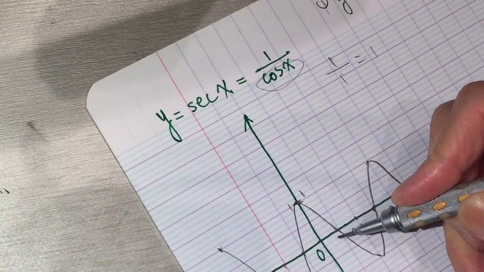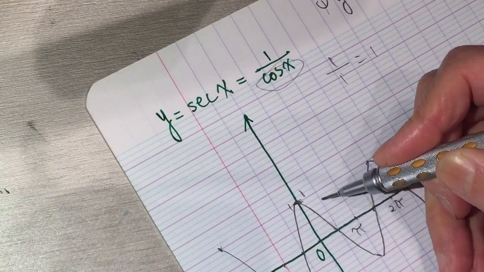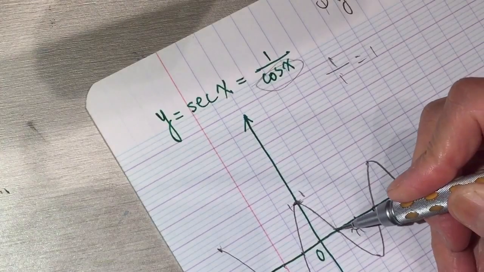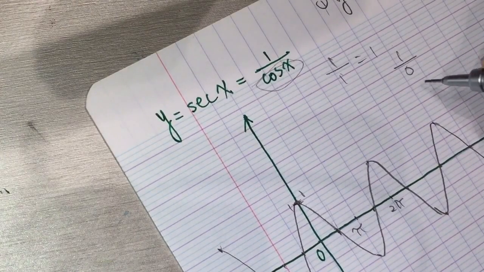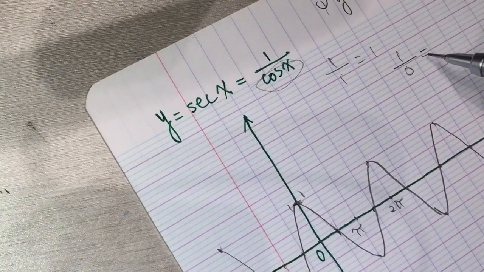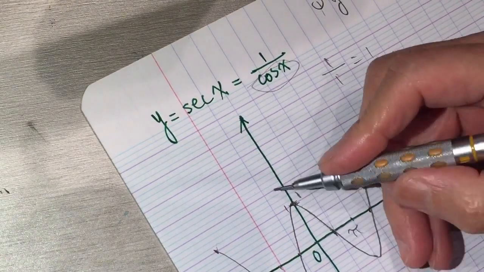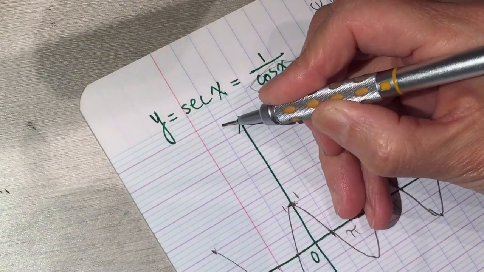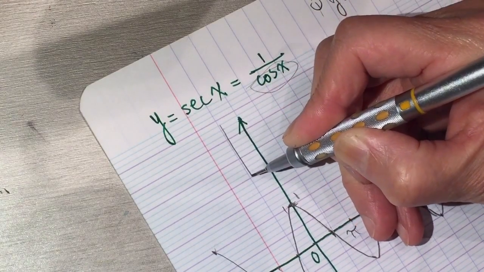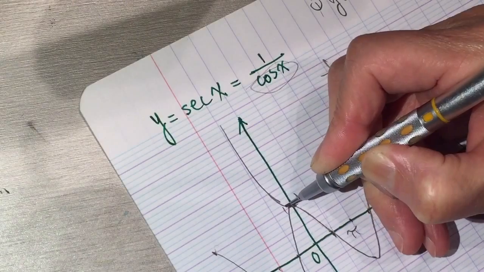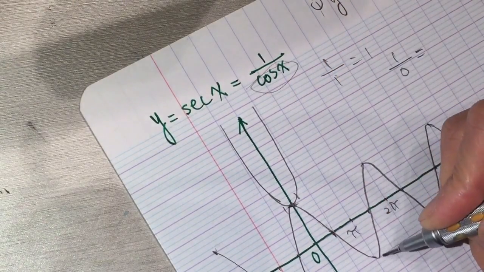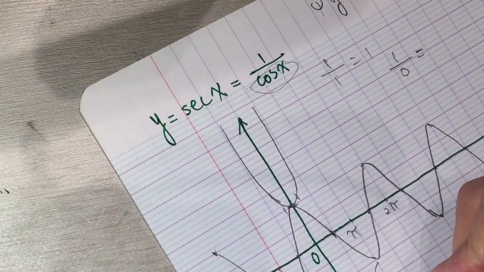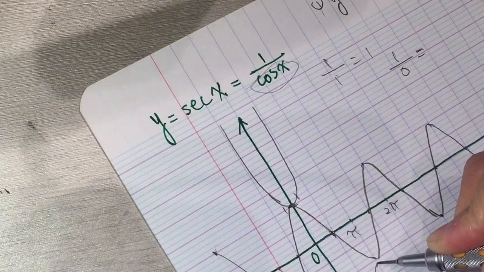And then the reciprocal will become bigger and bigger and bigger, until it reaches, 1 divided by 0, it's undefined, right? It's an asymptote. So you can see a graph is like this.